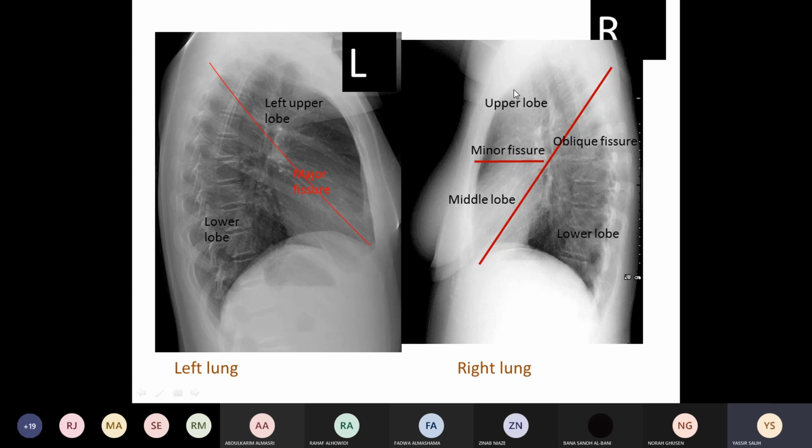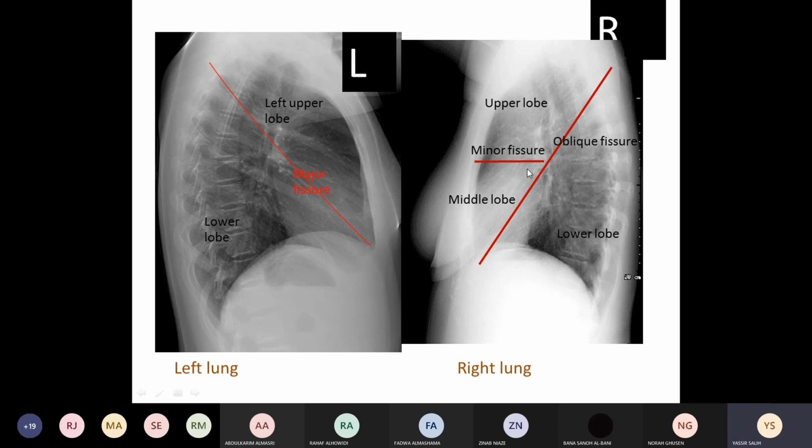Notice this is the area of the right upper lobe. Why? Because it is anterior to the oblique fissure and superior to the minor fissure. If we have an opacity, lesion, tumor, or any foreign body in this area, this means the lesion is in the right upper lobe.